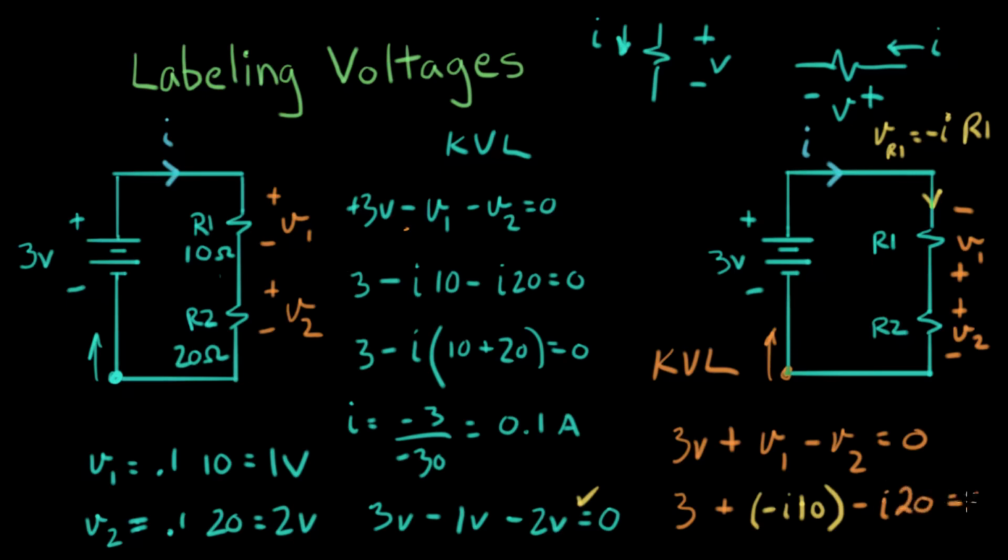And that all equals 0. So even right now, if you look at this equation, you see this minus sign that's snuck in here because of our good use of the sign convention for passive components. That makes this equation look just like this one here. So let's continue with the analysis.